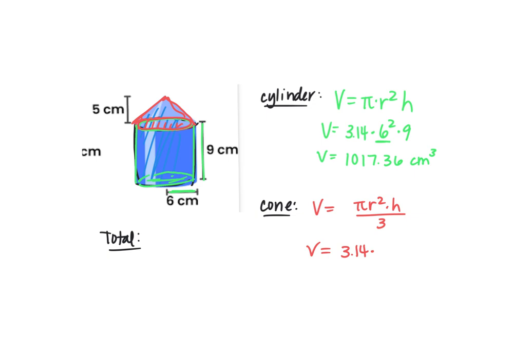The radius is, if you look here, you can see halfway across the circle is 6. That's also up on the top. So times 6 squared times my height. My height of my cone is 5. I can see that right here. So times 5, and then divide it by 3. Again, go ahead, pause the video, and type this in.